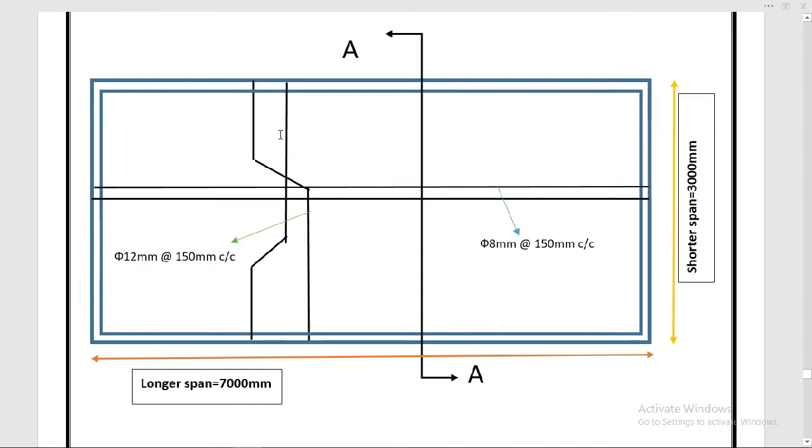Here you can see just two main bars and two distribution bars, but these are just for showing you, otherwise bars are provided in the whole slab at 150 millimeter center to center distance for both. So let's move further.